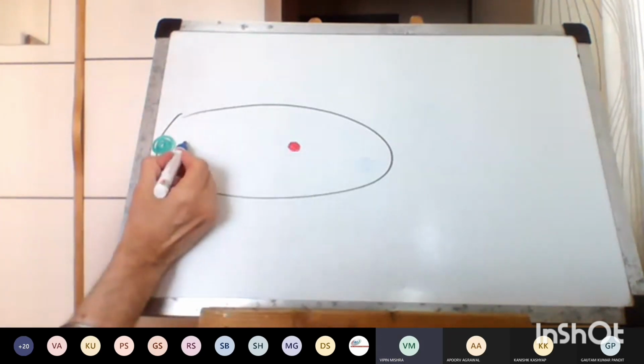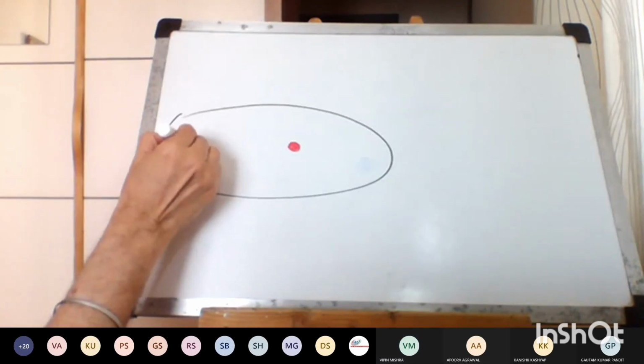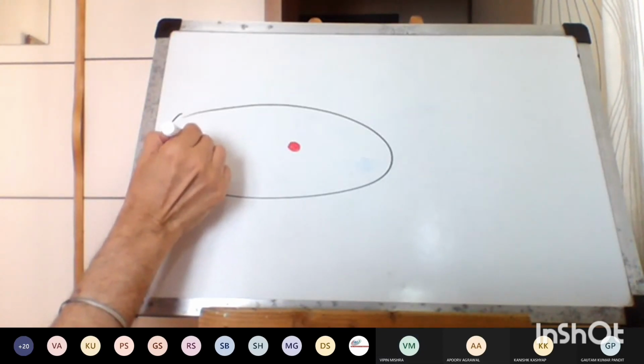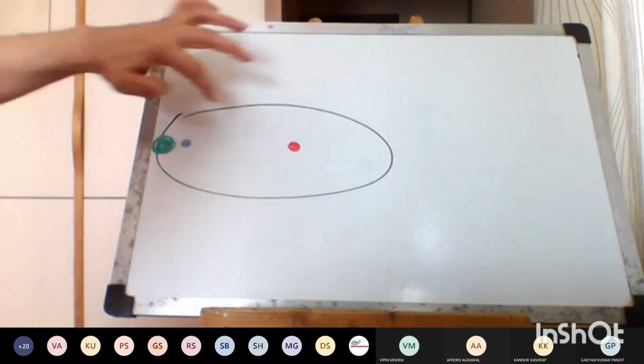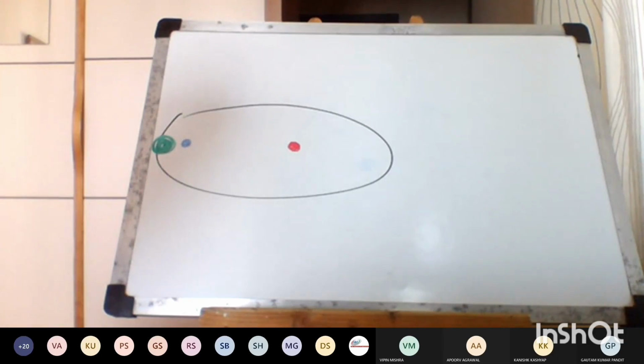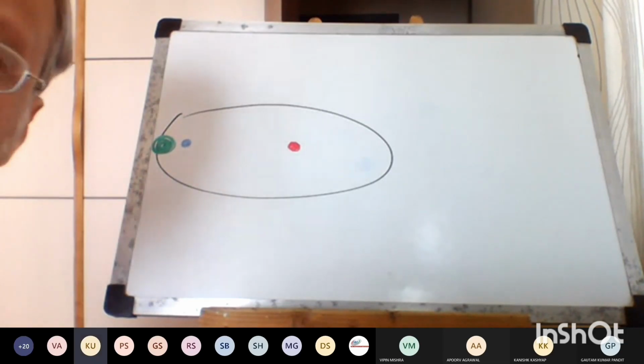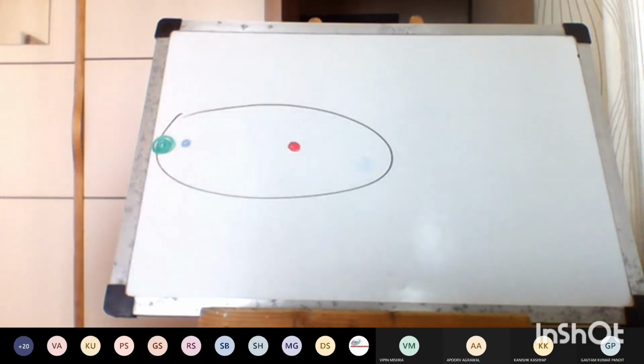And this is the moon. Can you all see the three bodies, sun, moon and earth? Is it visible? Yes, sir. Yes, they are all in one line. Is it visible? Yes, sir. Okay.